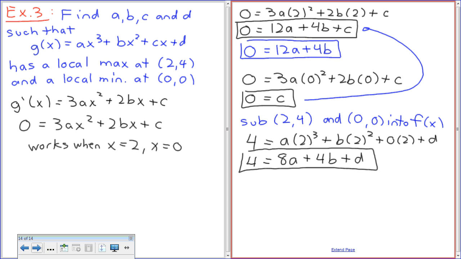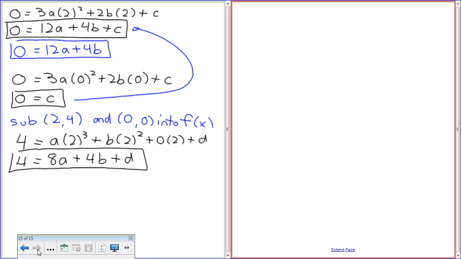Okay, now this is still looking like a lot of work. But Emma, you're going to save the class a whole lot of headache right now. There's still one more thing we can do. What have we not done yet? Yes, and this is going to make our life doable.